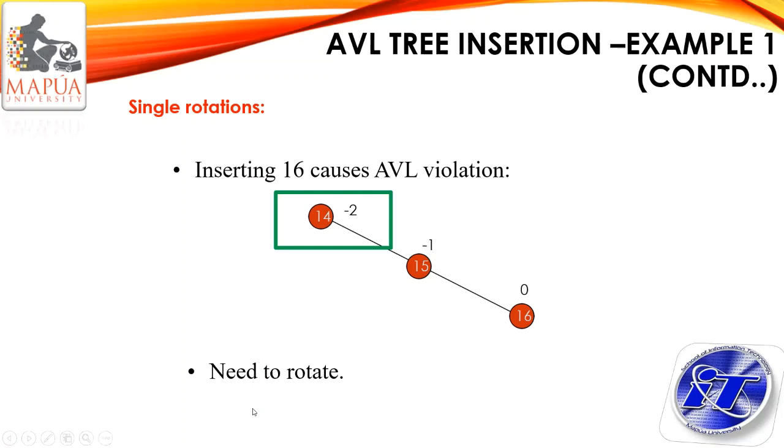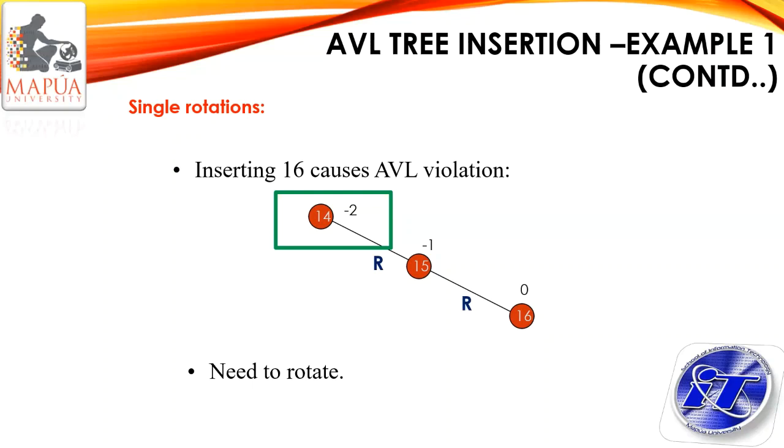So let's check the source of the error for node 14. So node 14 is connected to the right side, which is 15, and the child node is connected to 15 on the right side. So therefore, we need to implement an RR rotation to make this binary tree an AVL tree.